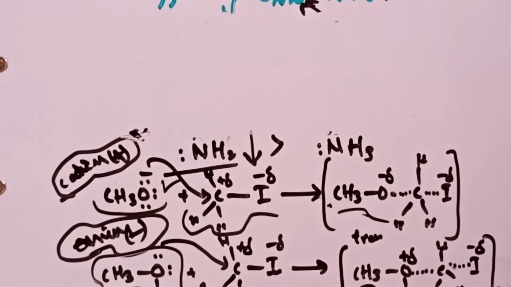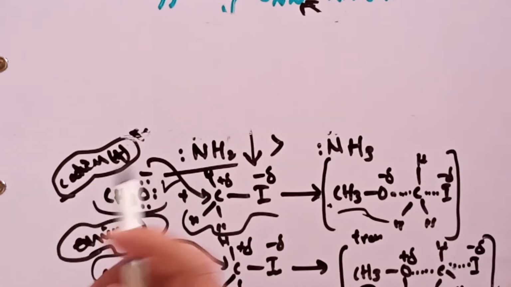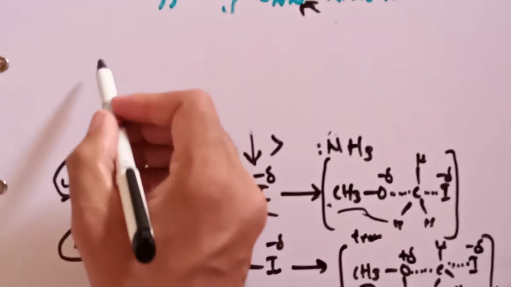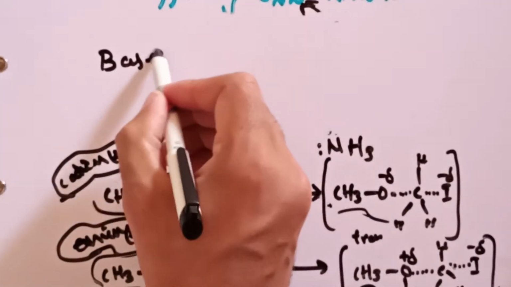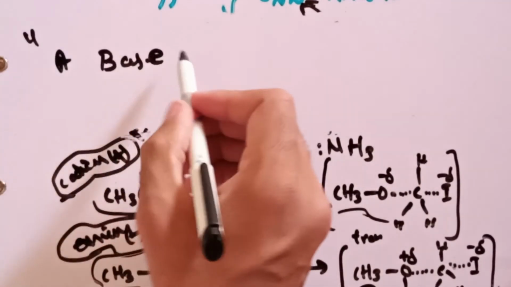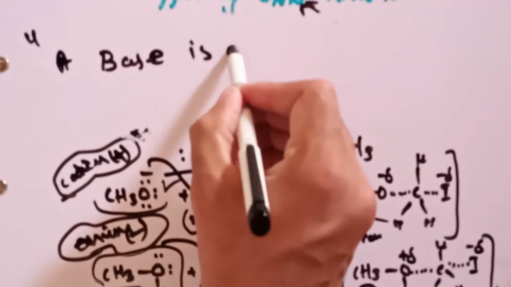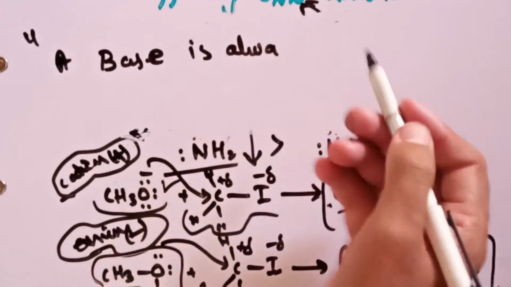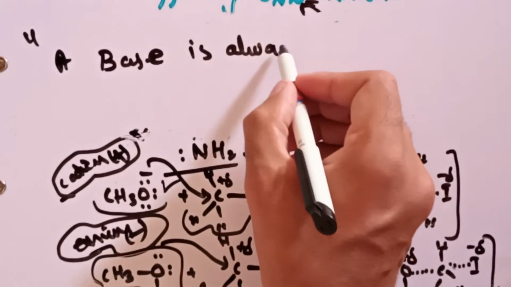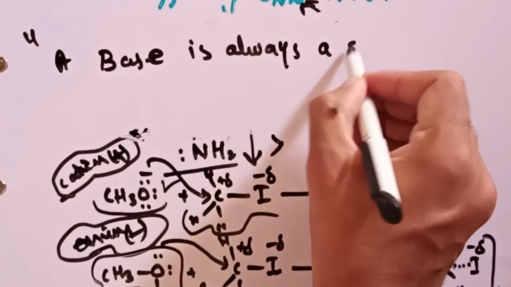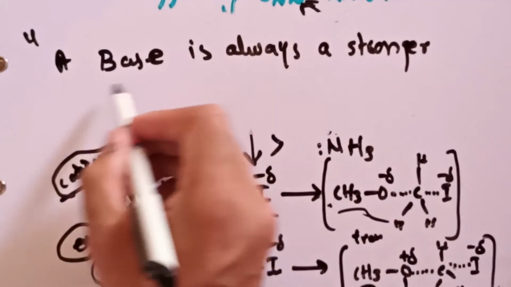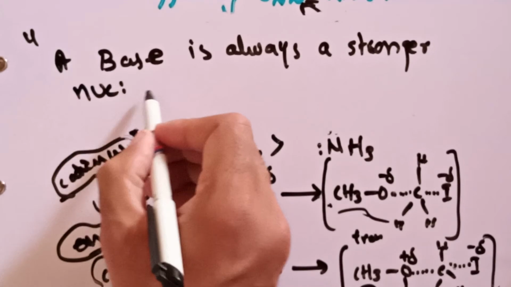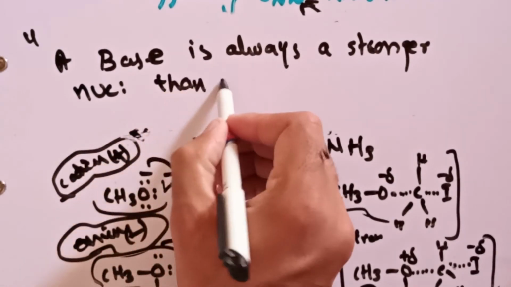From this discussion, we can generalize the case of methanol and methoxide to say that a base is always stronger. A base is always a stronger nucleophile than its conjugate acid.